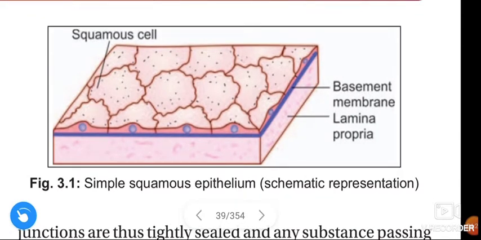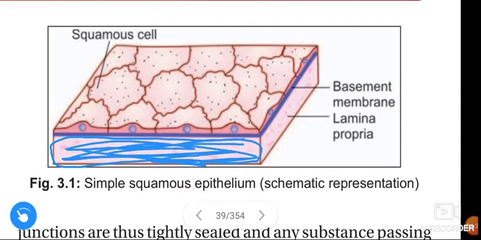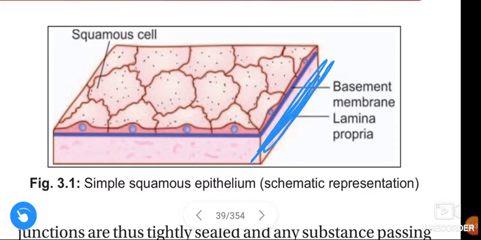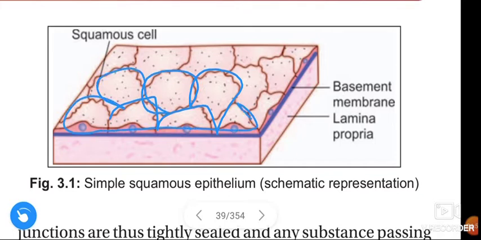See here, this is the lamina propria, and this violet color line represents the basement membrane, and these are the squamous cells. Okay guys, this is about the simple squamous epithelium.